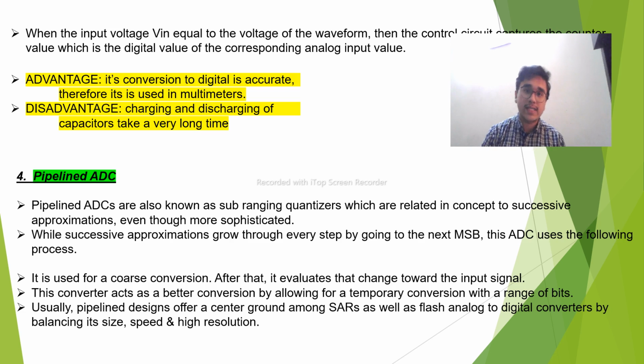A clear-cut example is a multimeter, where we require a more accurate value rather than a speedy output. The disadvantage is that charging and discharging of the capacitor takes a very long time. In the graph, you may have seen a small time, but in the practical world, it takes quite a long time compared to other ADCs.